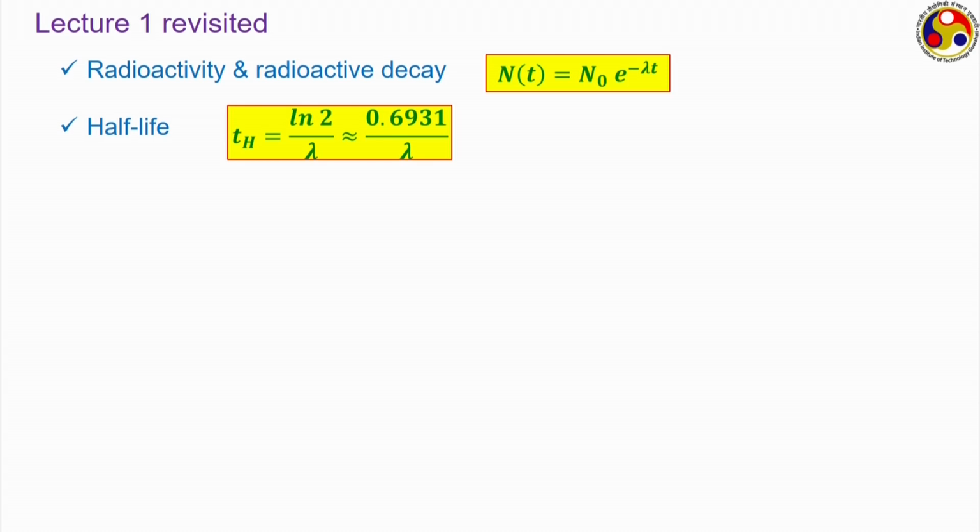For some isotopes it can be in the range of seconds, or even less than seconds, whereas for certain other isotopes it can be in the range of a few billion years. Very common isotopes like uranium 238 or thorium 232 have extremely long half lives, which is the reason for them still existing in the universe.